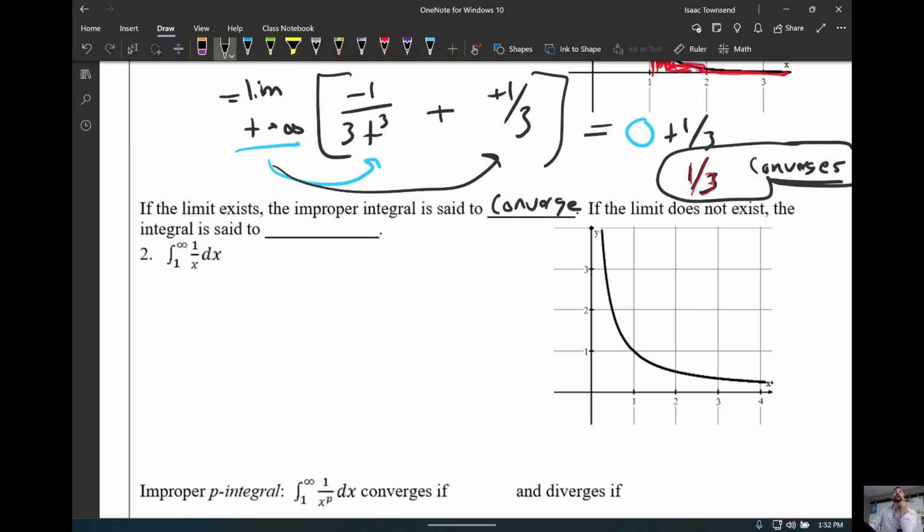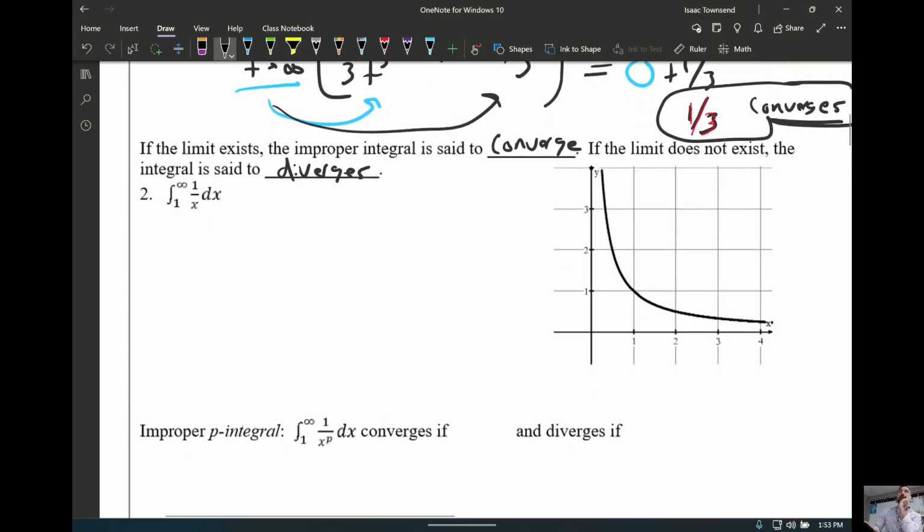But if it just keeps getting bigger and bigger and it never settles on something, we say that it diverges. Now you don't need to know too much of that for these question types, but if it converges, we will say what it converges to. If it diverges, we'll just say that it diverges.